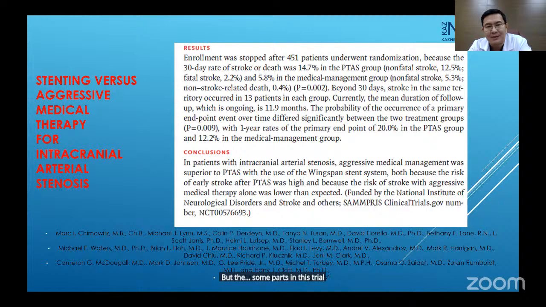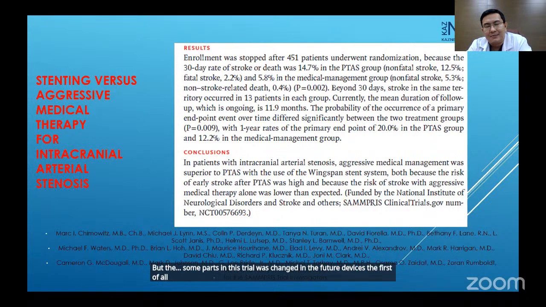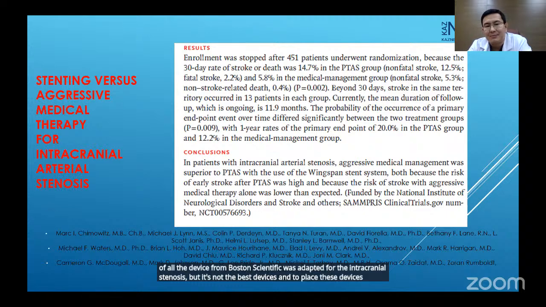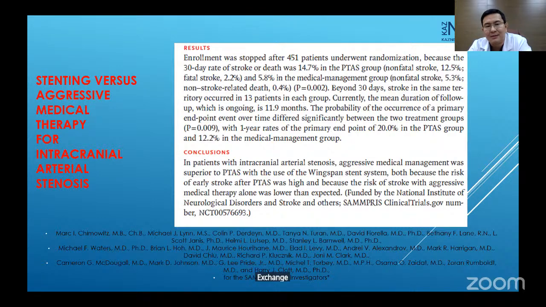in the future devices. First of all, the device from Boston Scientific was adapted for the intracranial stenosis, but it's not the best device. And to place these devices, 3-meter exchange wires were needed, and the exchange maneuver caused some intracranial bleeding. It's the first part.